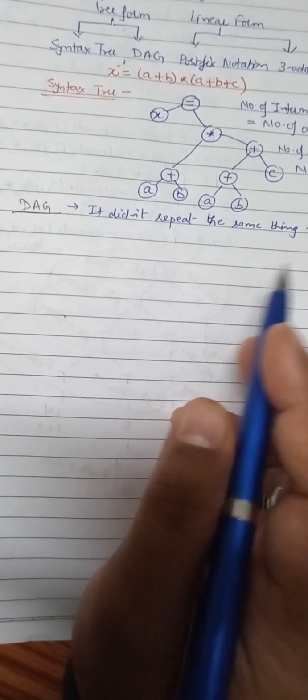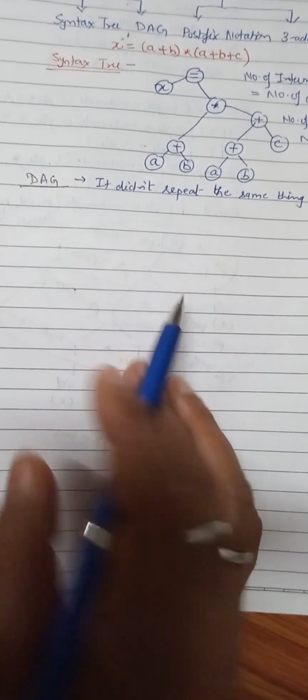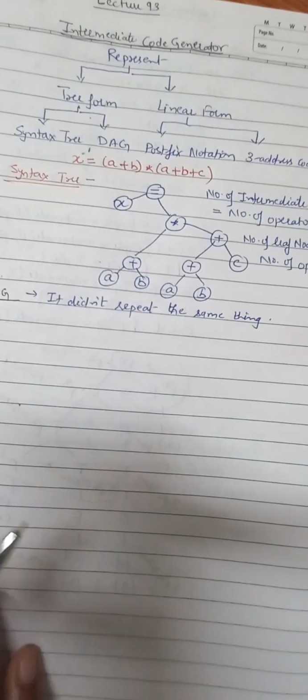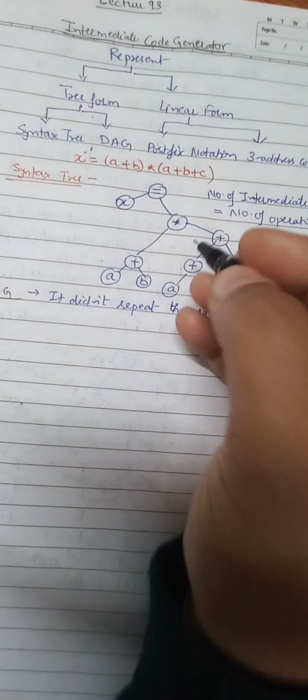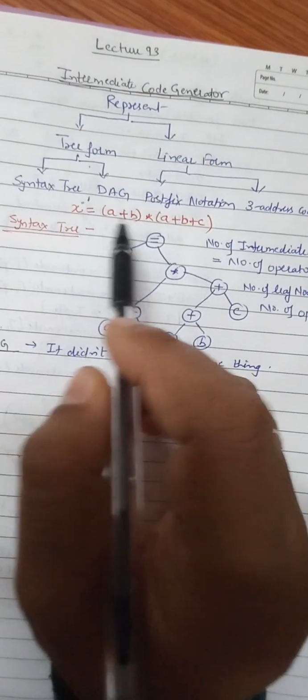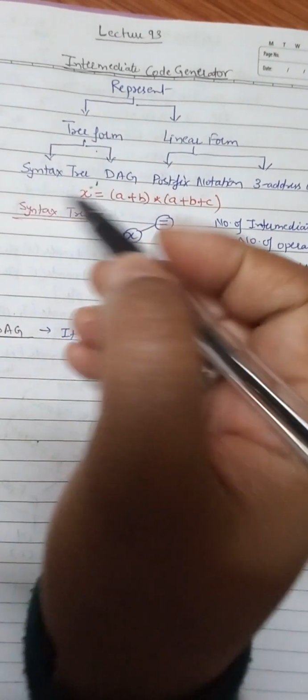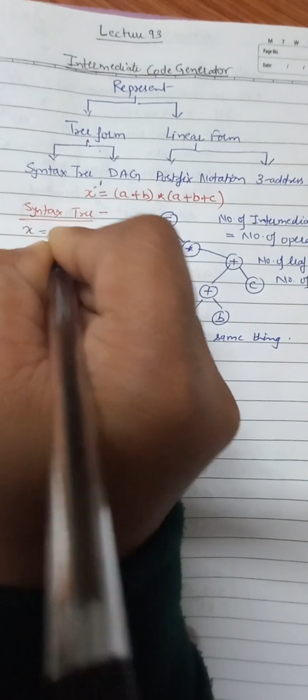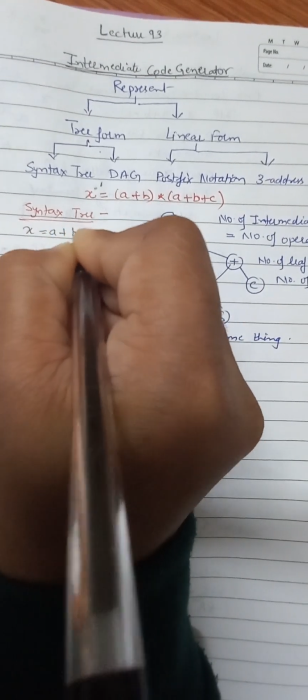So we can use it in code optimization. The same thing as we can see here, we are using twice, or we can notate it like this also. As we have taken this, we can break it like this. We can write it here like x is equal to a plus b into c.